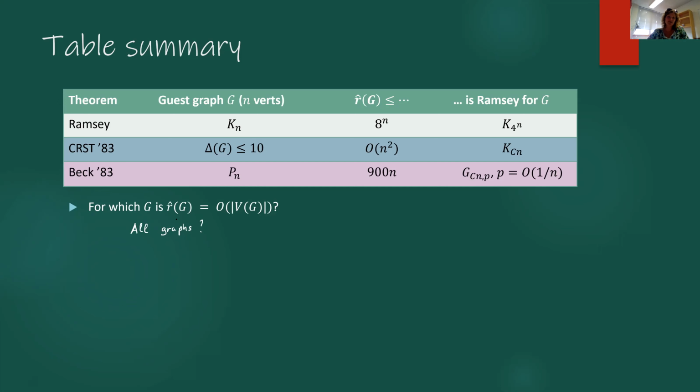What assumptions can we put on this graph G? Is it safe to say that the number of edges should be sparse in G as well? So one conjecture is E of G is at most, I'll put a specific constant, say 10n.